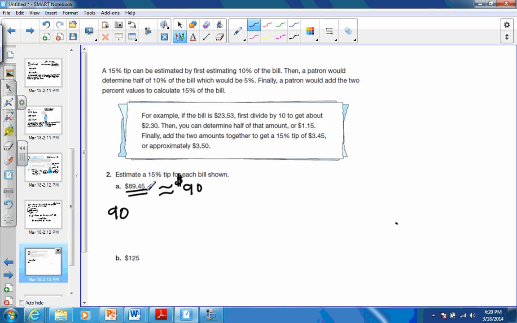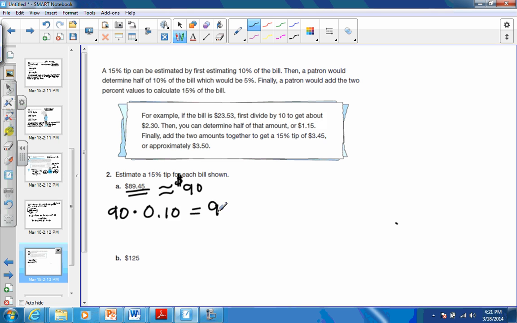So again, I can either divide by 10 or I can multiply by 0.1 or I can multiply by 1/10. Any of those ways. For me, it makes most sense to use the decimal. So that's what I'm going to do. So $90 times 10% would be 9.